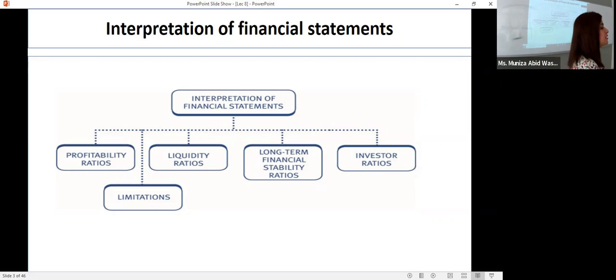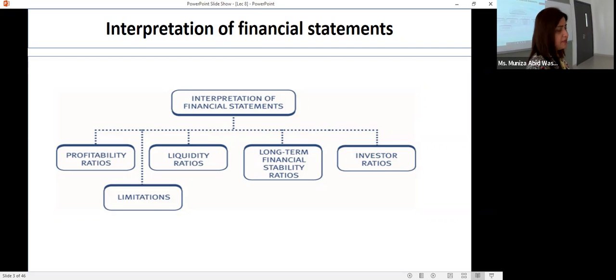We are going to use ratio analysis in order to analyze the financial position of a company, but there are some drawbacks of this particular method as well. We cannot always deeply analyze the financial position of the company only on the basis of the financial statements, because there are some limitations. There are some disadvantages if our analysis is just based upon the financial statements of a company.